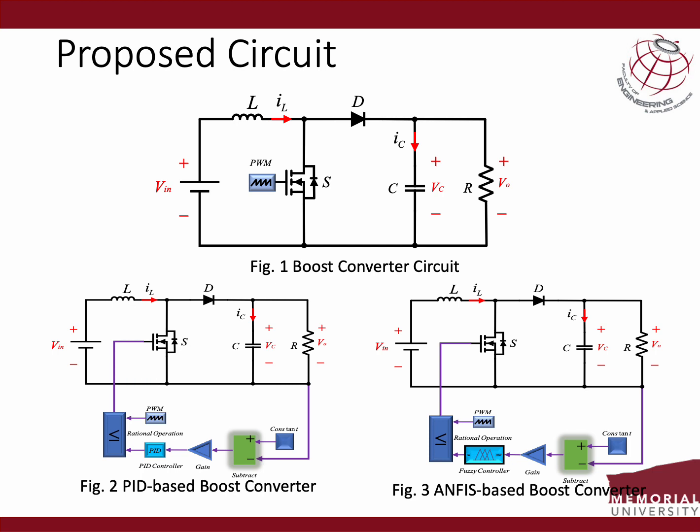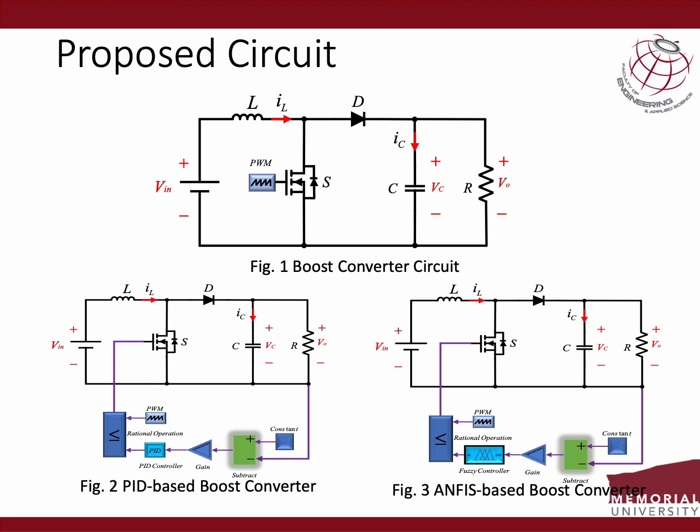Now, like I explained in layman's terms, in order to achieve the stepped-up voltage, we are working with three propositions. The first has to do with an open loop boost converter. It is basically made up of a MOSFET and a diode, which is coupled to a capacitor, and we have the output resistor.